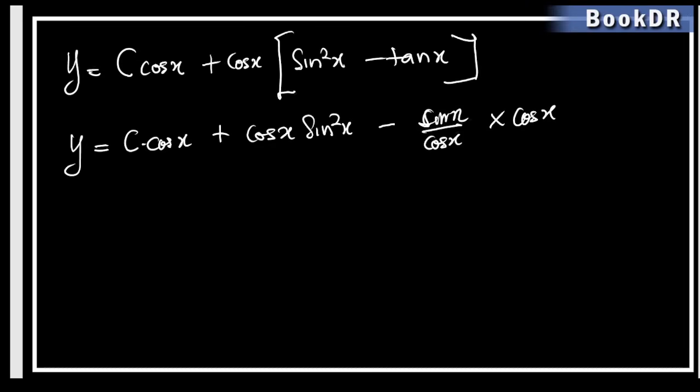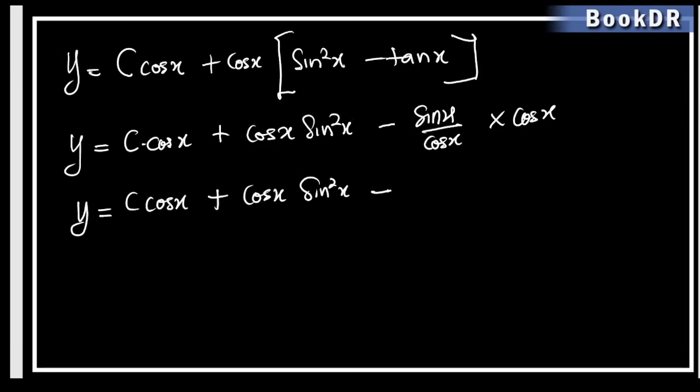We have just converted the tan into its identity. Let's continue simplifying. We have c cos x plus cos x sine square x minus sine x, because the cos will cancel out the cos over here.